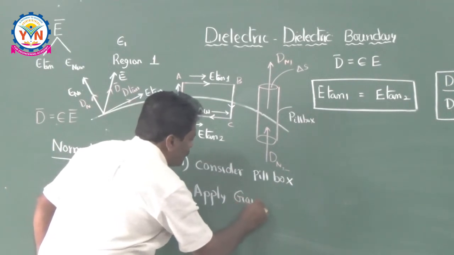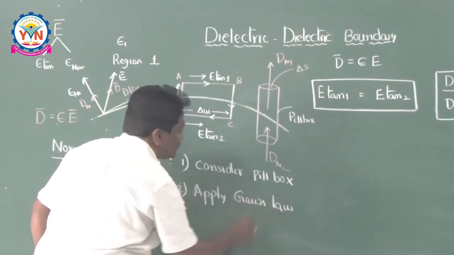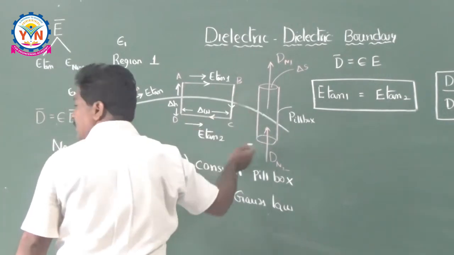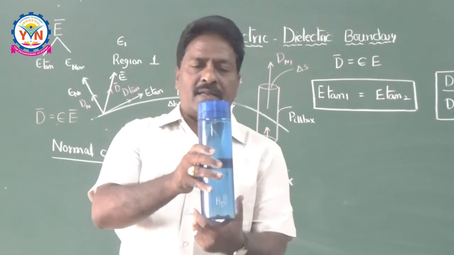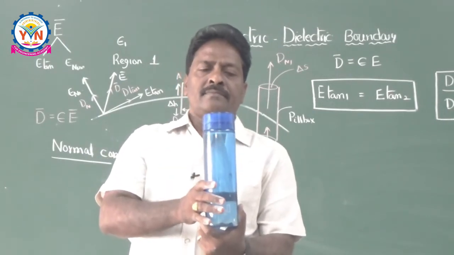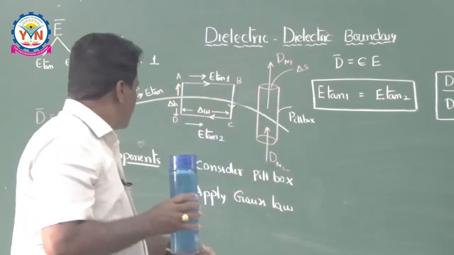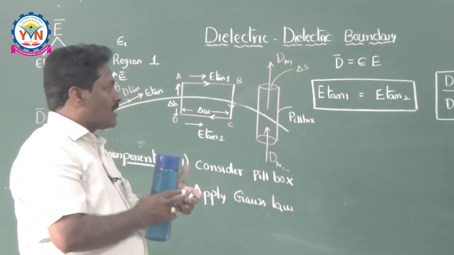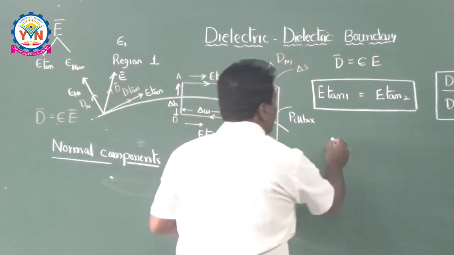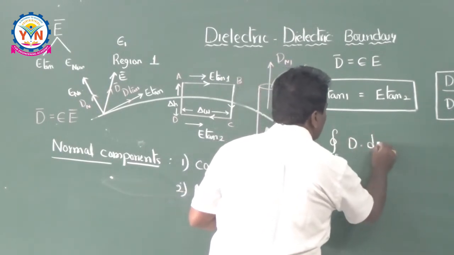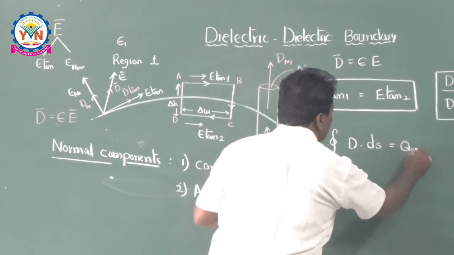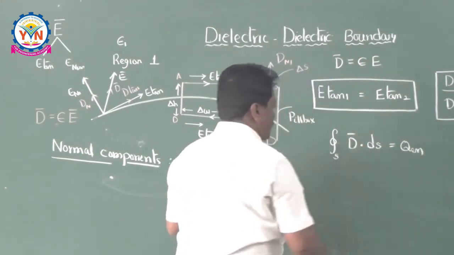If you take this cylindrical box as before, I am considering the cylindrical box across the boundary, and I am applying the Gauss law here. What is that Gauss law? Gauss law is very simple: closed surface integral D dot dS is equal to charge enclosed.